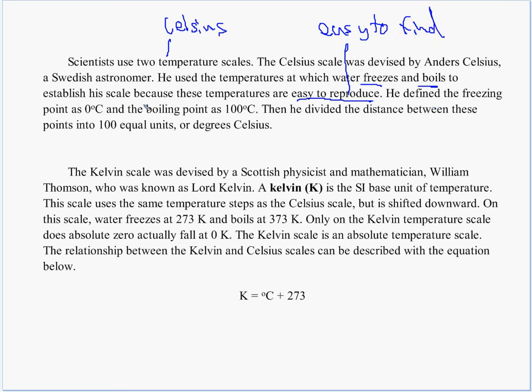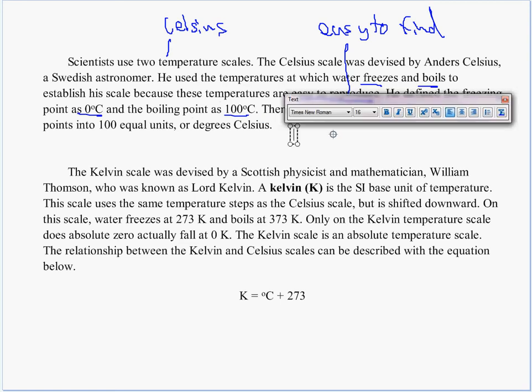He defined the freezing point as 0C and the boiling point as 100C. Okay, so let's capture that. Freezing equals 0 degrees C, and then boiling equals 100 degrees C. Okie doke.